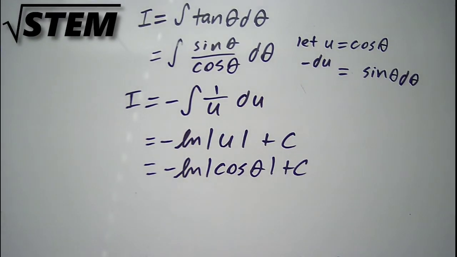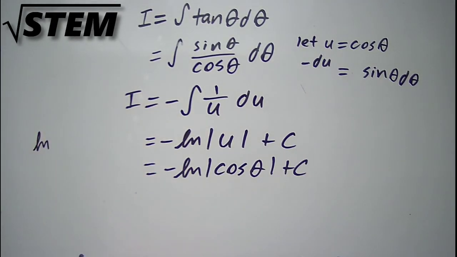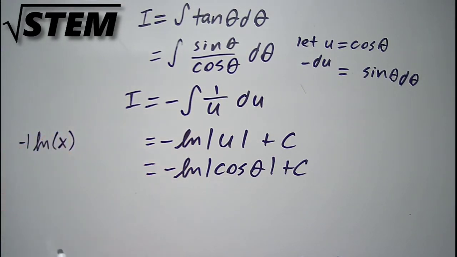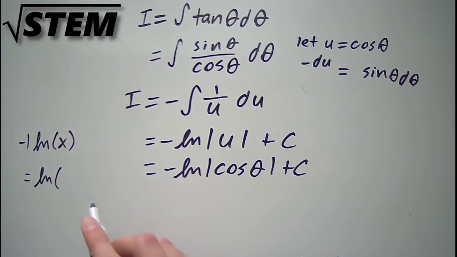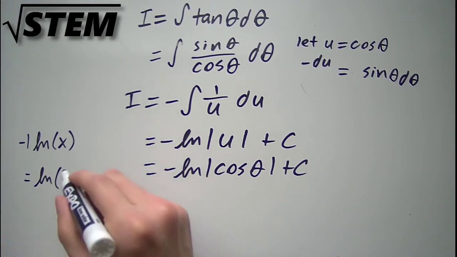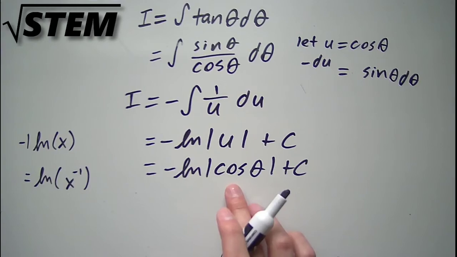So if you remember, with natural logs, if you have a number in front, like a -1, then you can bring that inside the natural log and raise whatever you have inside to that power. So we're going to do the same thing right here.